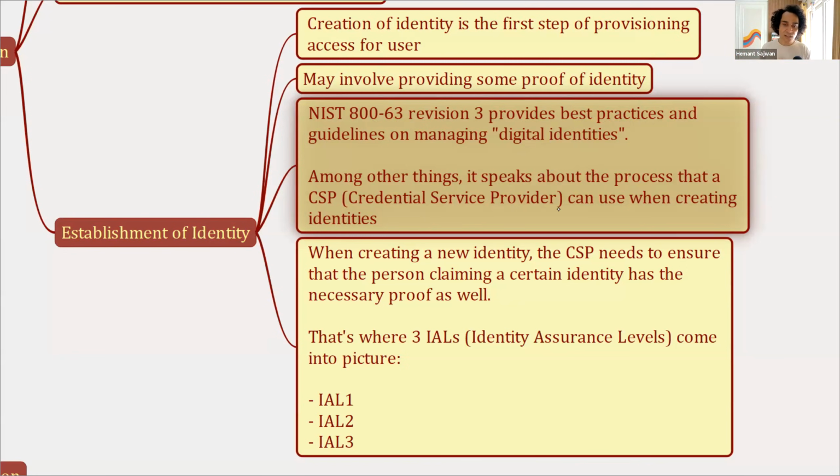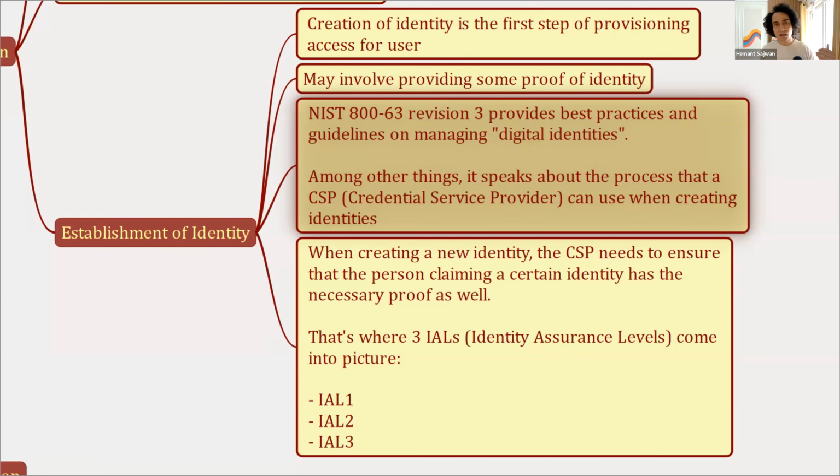CSP is credential service provider, the entity that is providing me some service. For example, if there is an email service, then that email service will have to create my email account on their server first. So that email service provider will be called a CSP, credential service provider, because they are the ones providing me a certain service.